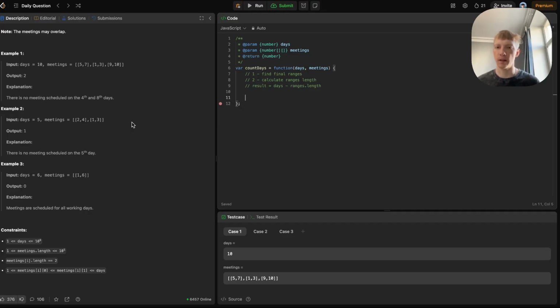Well, I think that we need a min heap algorithm again. The easiest thing would be to sort the ranges. Let's start with that. If we exceed the time complexity, I will change this algorithm.